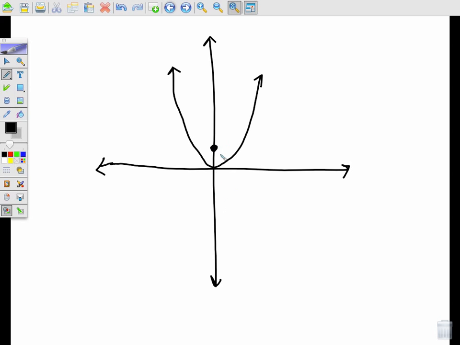Let's call it F. And then we have a line that is called the line of the directrix, and it runs horizontal. It's called the directrix, and it's equidistant from the vertex here of my parabola. So we've got the vertex, we've got our focus, and the line of the directrix.